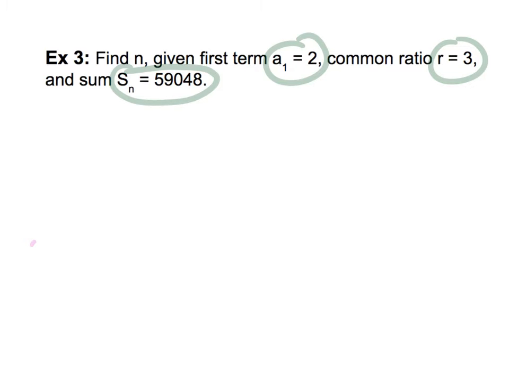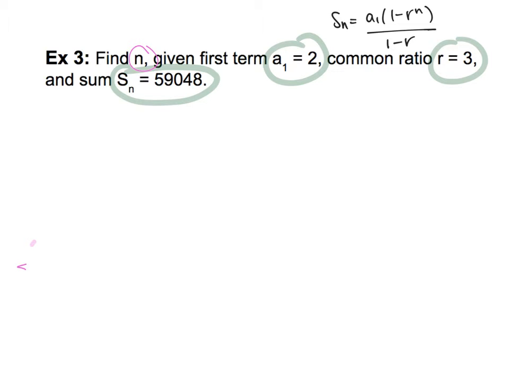If I was using that formula, Sn equals a1, this formula here, all I have to do is figure out what my n is. To do that, I'm still going to have to plug everything that I know in so that I can solve for that n.